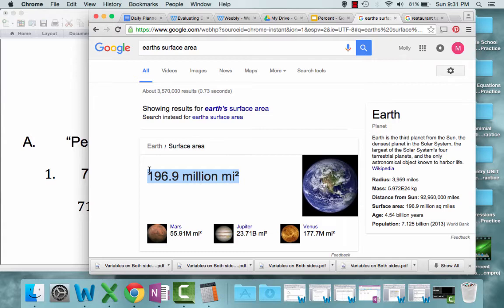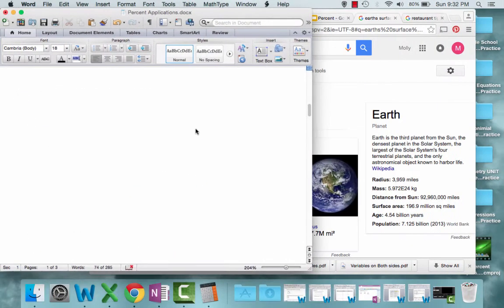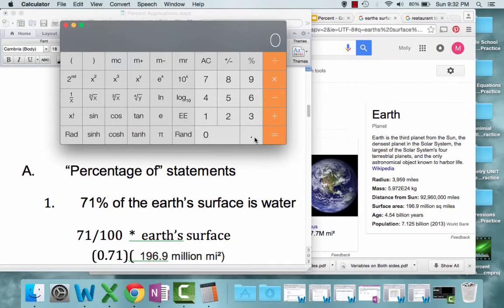196.9 million miles squared. All right, so then because we've got some ugly decimals here, this is an easy calculator problem to do. And I'm just going to write down 0.71 times 196.9. So I'm going to grab my calculator. 0.71 times 196.9.